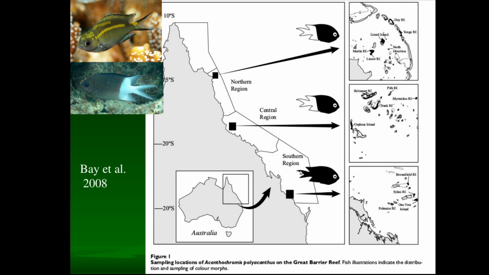But within each region, populations were not well differentiated genetically, which indicated that migration was more common between reefs within locations, but migration between regions was restricted by distance.